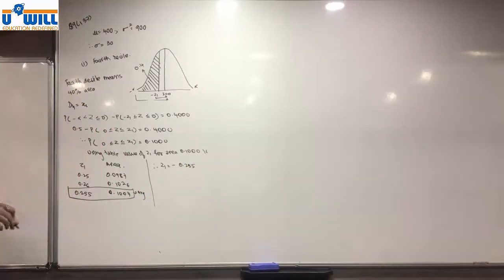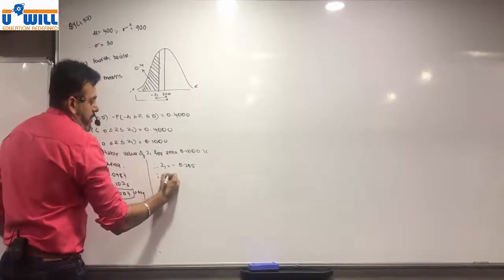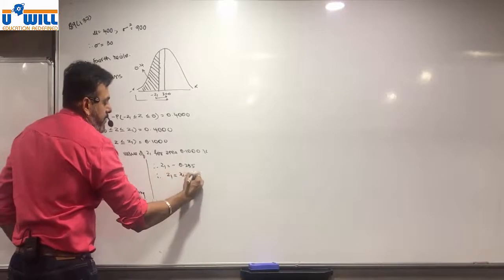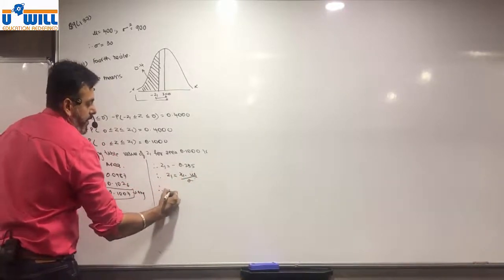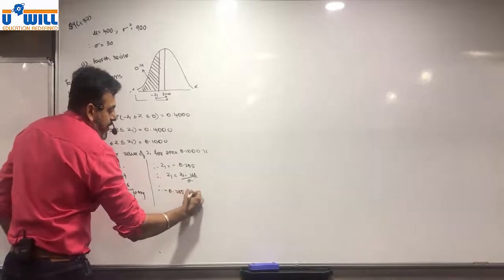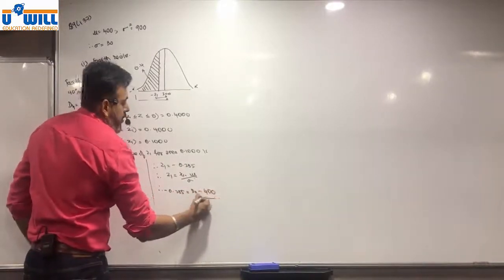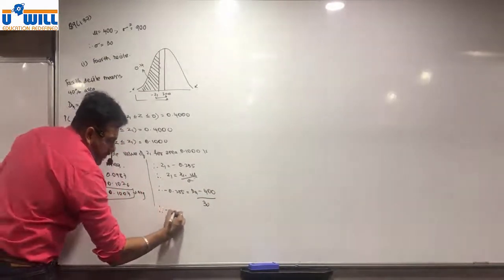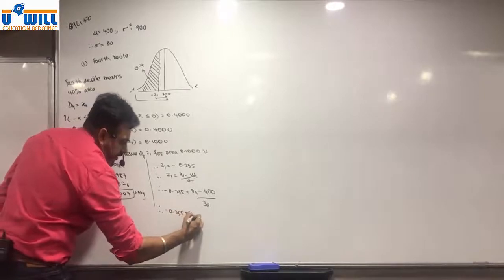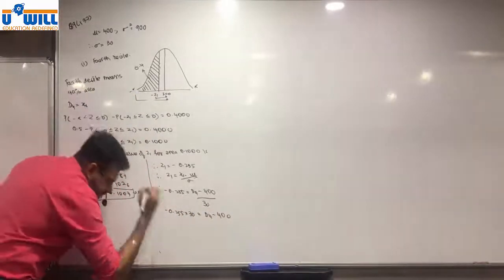Now, what do we have to find? We have to find the fourth decile, that is x1. Therefore, Z1 is equal to x1 minus mu upon sigma. Therefore, minus 0.255 is equal to d4 minus mu 400 upon sigma 30. Therefore, minus 0.255 into 30 is equal to d4 minus 400.